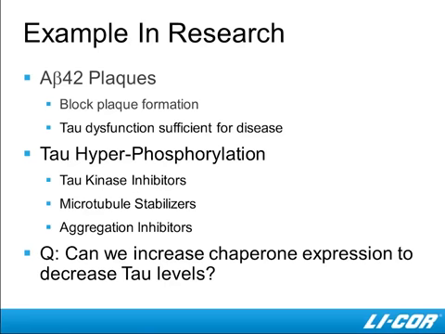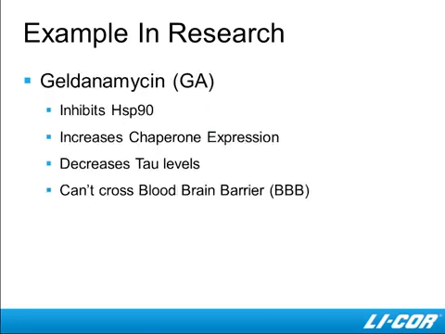And what was found is that once it inhibited HSP90, cells would increase overall chaperone expression inside the cell. Then what was found is after you had an increase in chaperone expression, tau levels would then decrease. So it looked like a great, promising compound that you could perhaps use for treatment of Alzheimer's.